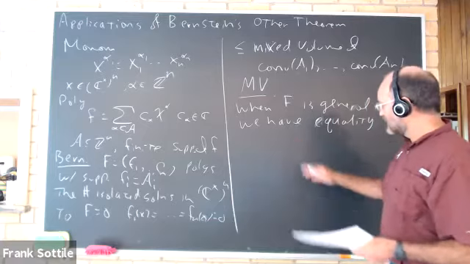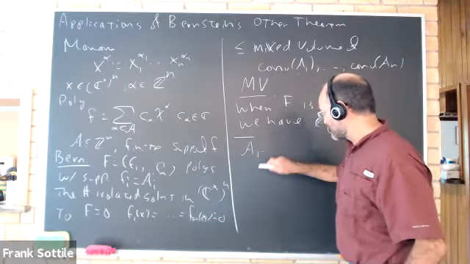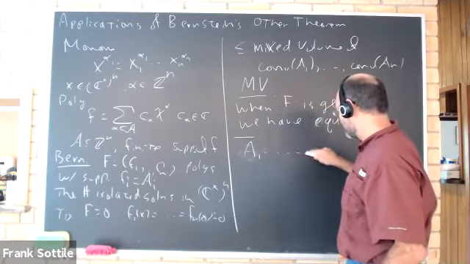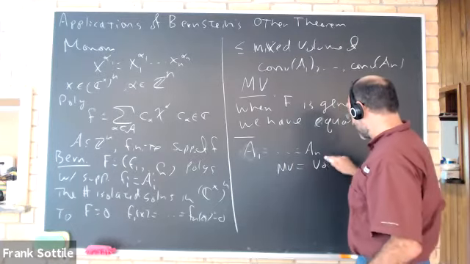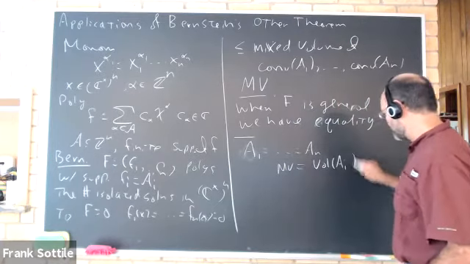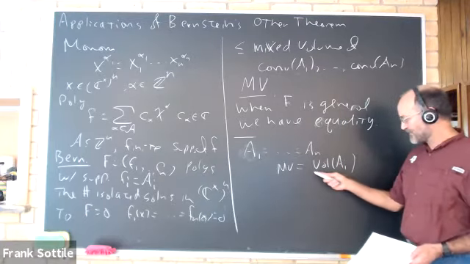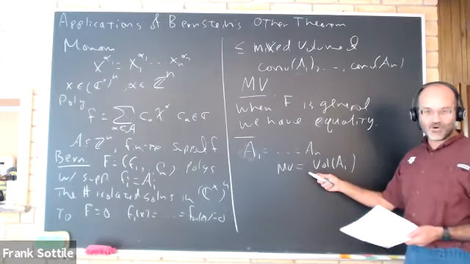And I want to point out that if all these supports are the same, or rather if their convex hulls are the same, I'll just say that the supports are the same. It doesn't really matter. Then the mixed volume is simply the usual volume of any of these. But here I'm going to take what's called the normalized volume. For people in the know, that's where a standard simplex has volume 1.